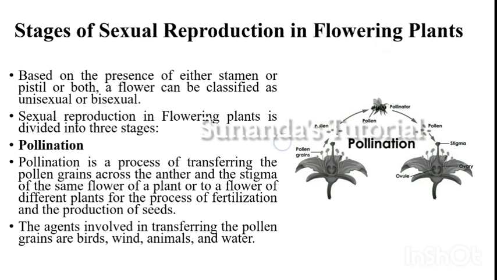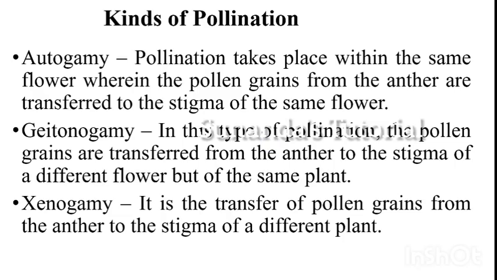After pollination, fertilization will occur. Then after fertilization, zygote is formed. Then the zygote develops to form embryo. Then embryo forms the whole plant.